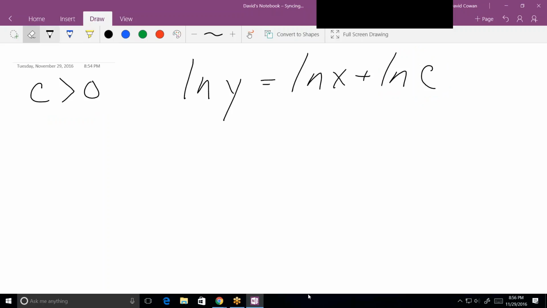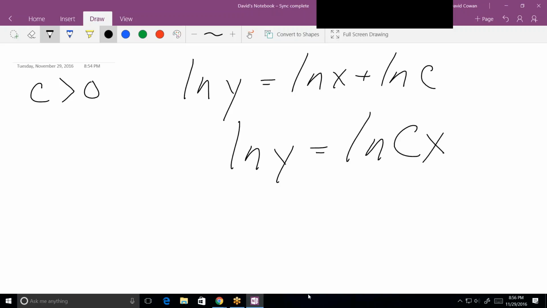The other way to think about this, I don't know if that's helpful or not, is that it's called exponentiating both sides. I can let this be my exponent to e, and I can let this be my exponent to e.